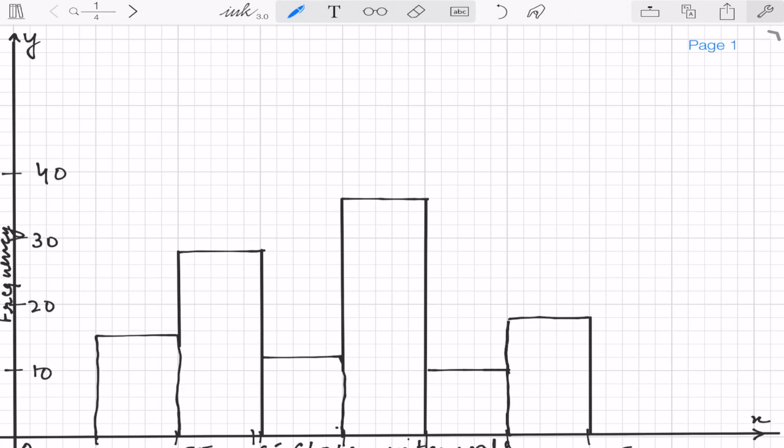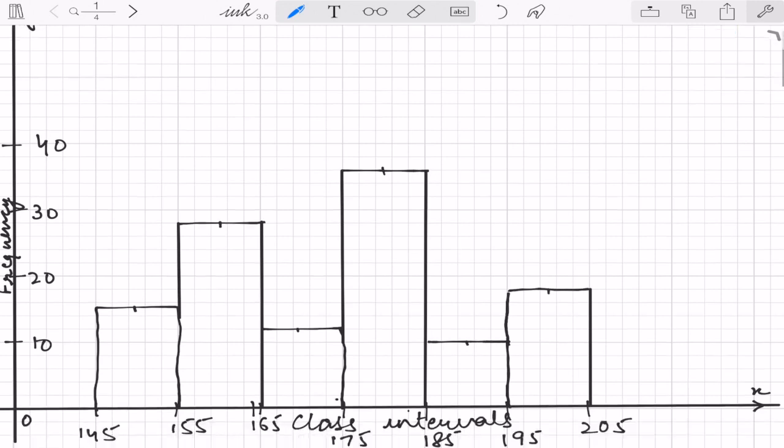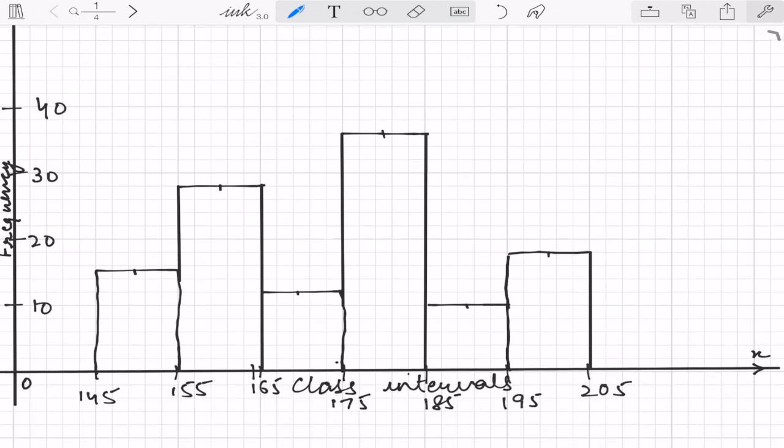Now, with the help of the histogram only, we will draw the frequency polygon on the same graph paper. So for the frequency polygon, we need to take the mid values. So we will take the middle point of all these bars. And one more important thing, children, we can see here our class interval starts from 145.